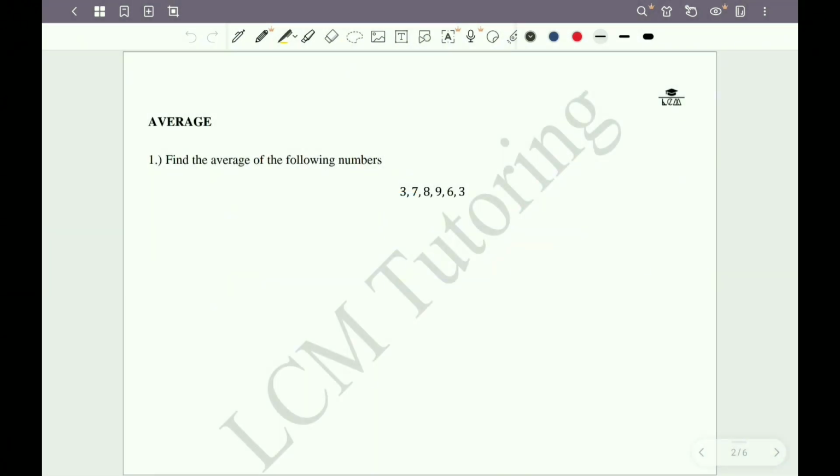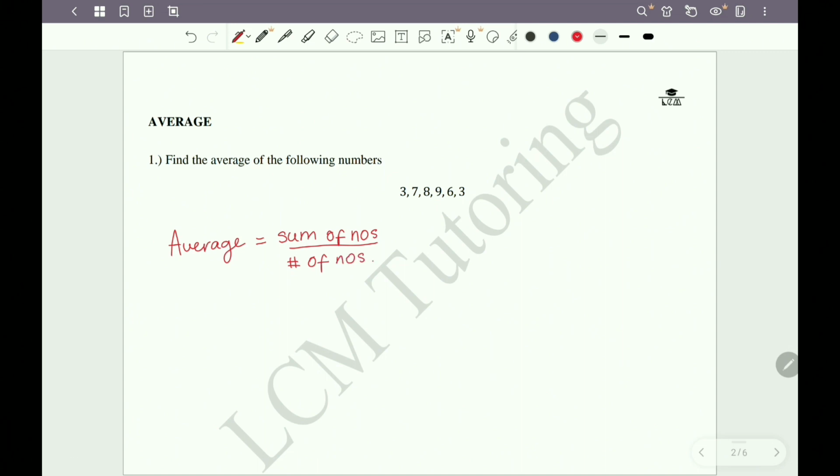Question 1. Find the average of the following numbers. We have this set of numbers 3, 7, 8, 9, 6, and 3. How do we find the average of these numbers? Now the formula for average would be the sum of the numbers divided by the number of numbers.